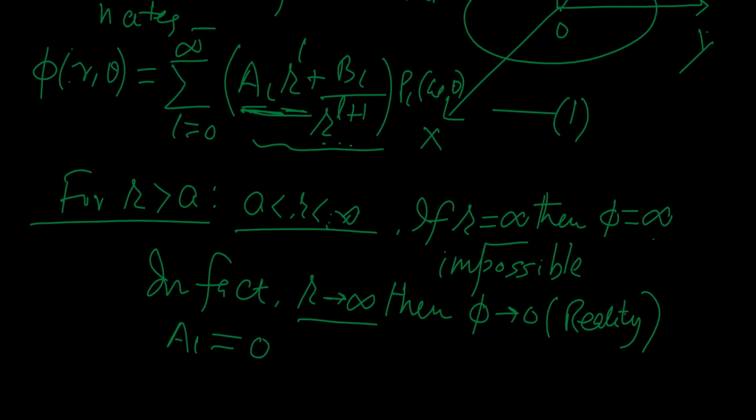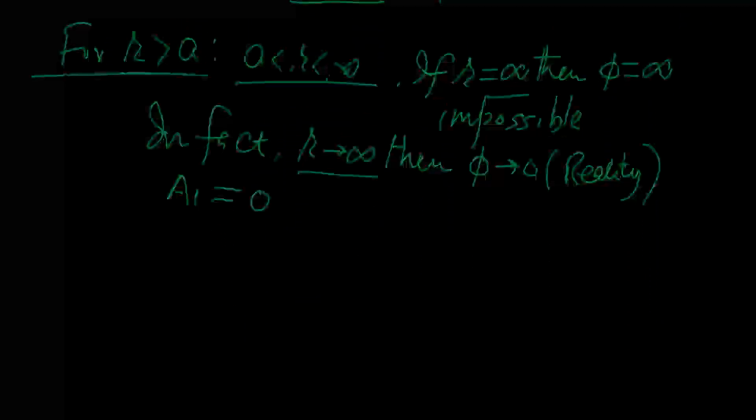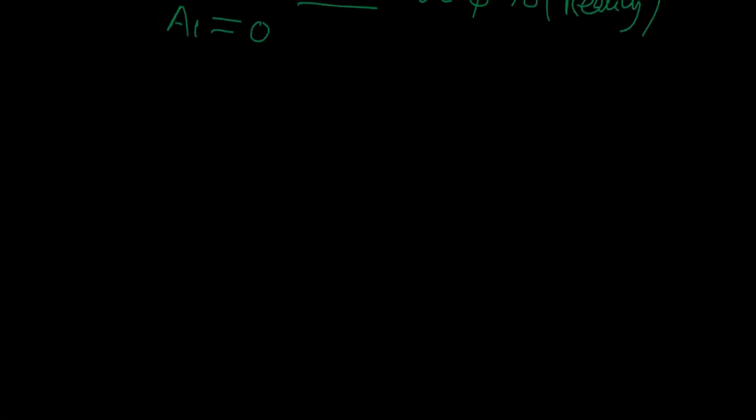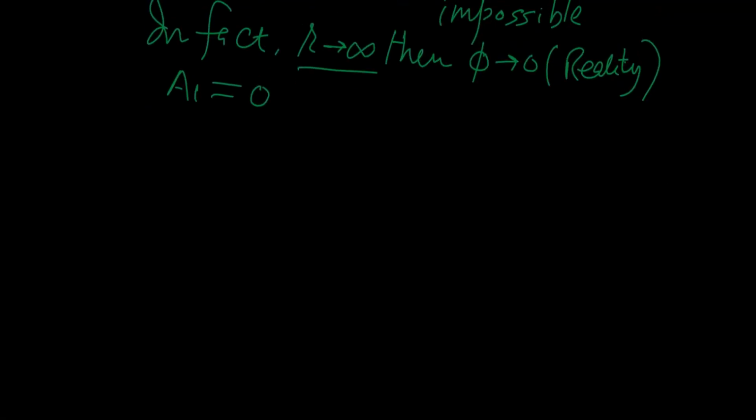Now, as AL should be 0, as we have discussed in detail, what will be the solution of Laplace equation? It means what will be the form of equation 1 in a real situation. We must take AL equal to 0, and the remaining factor will be the solution of Laplace equation.